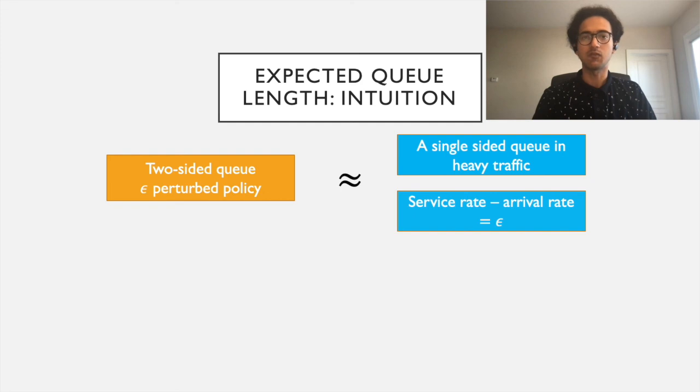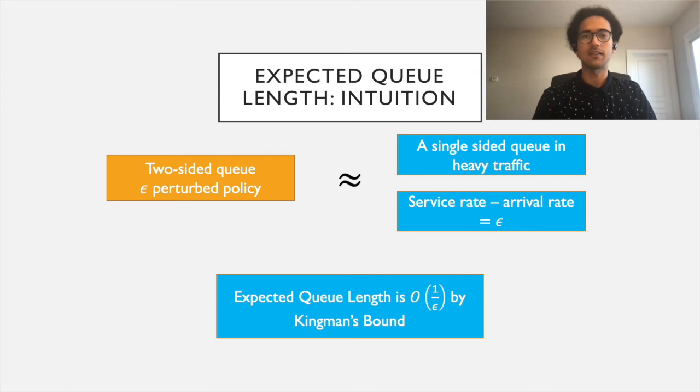Intuitively, the drift towards zero for the two-sided queue under an epsilon perturbed policy is of the same order as the drift towards zero for a single-sided queue in heavy traffic. It is well known that the expected queue length in heavy traffic for a single-sided queue is of the order 1 by epsilon by Kingman's bound, and thus we get 1 by epsilon order of queue length for the two-sided queue.